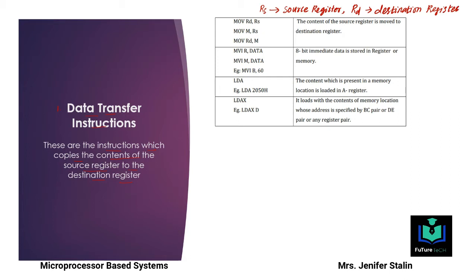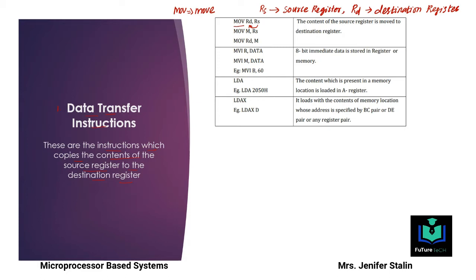MOV stands for move operation. The content present in the source register is moved to the destination register RD at the end of the MOV RD, RS operation.